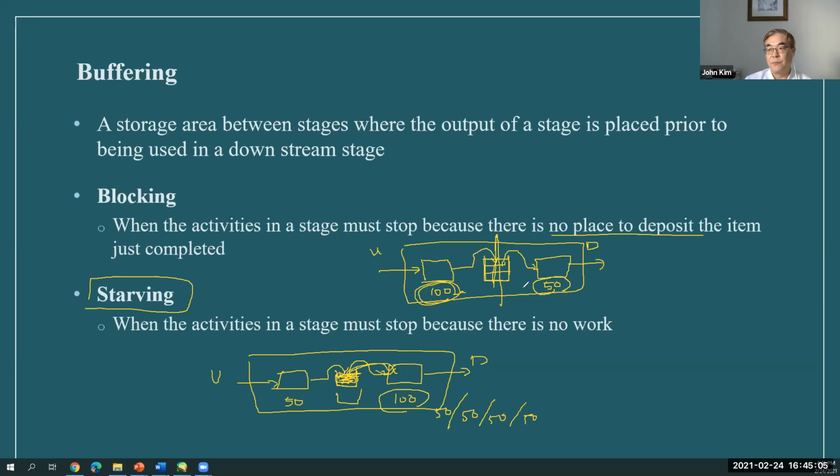But if the capacity of activities is not even, and there is no buffer or not enough buffer, then there can be problems like blocking and starving. Okay, next.